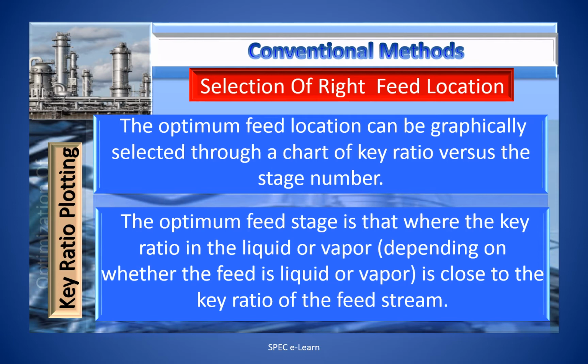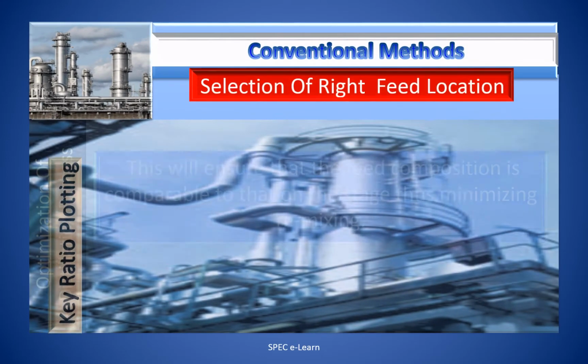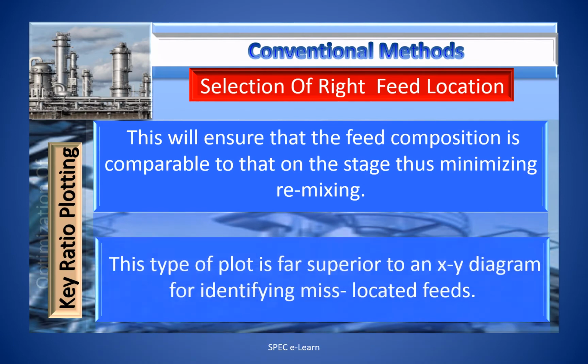The optimum feed stage is that where the key ratio of the liquid or vapor, depending on whether the feed is liquid or vapor, is close to the key ratio of the feed stream. This will ensure that the feed composition is comparable to that on the stage, thus minimizing remixing. This type of plot is far superior to an XY diagram for identifying mislocated feeds.